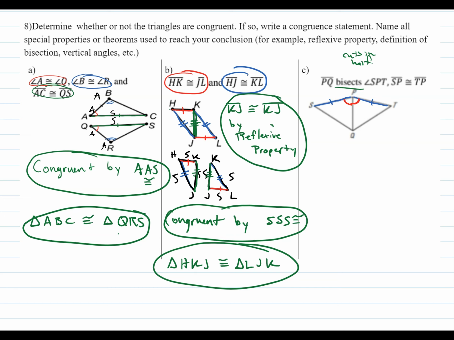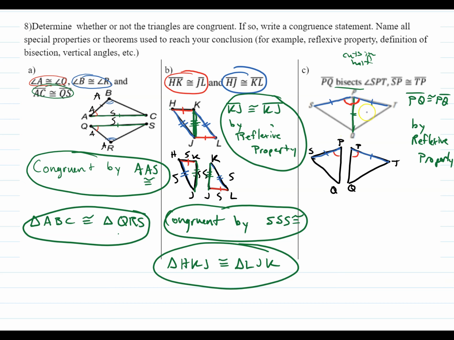Now we need to use the reflexive property again to say that PQ is congruent to PQ by reflexive property. So I'm going to draw on side PQ a single line with two tick marks. Let me explain it again. You don't have to draw this next part, it's just to help with the explanation.